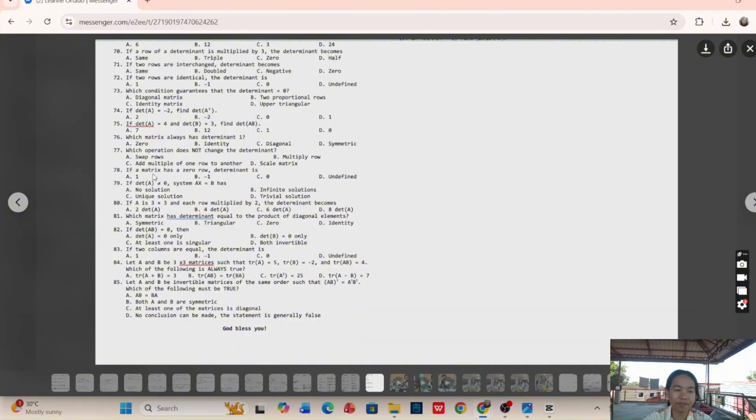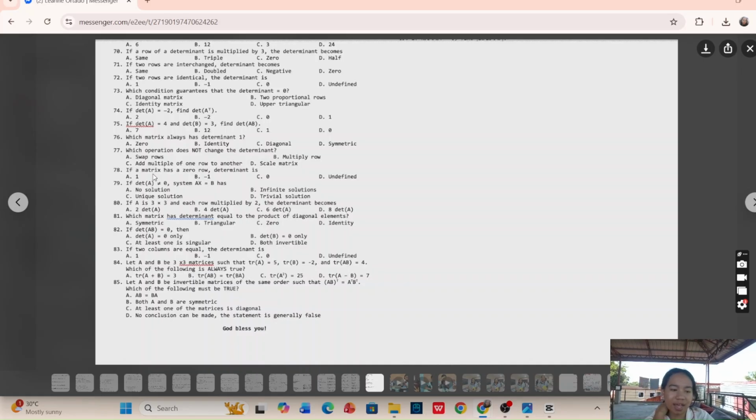If the determinant of A is not 0, system AX equals B has A no solution, B infinite solutions, C unique solution, D trivial solution. So the correct answer for number 79 is letter C. A non-zero determinant implies a unique solution. It's letter C. It's because the determinant is non-zero, so of course, the system has a unique solution.